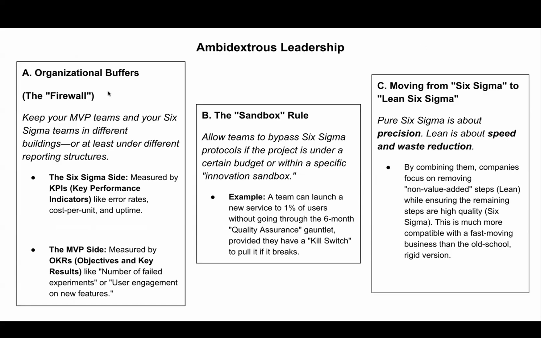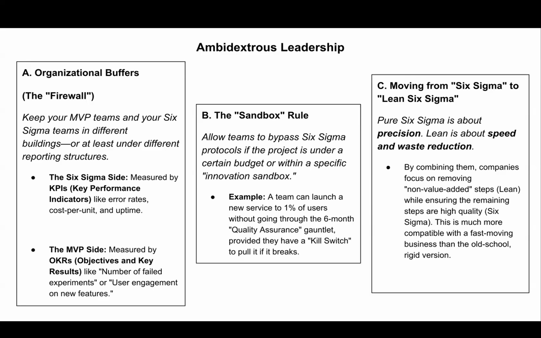So what we do is set up organizational buffers, and this is called ambidextrous leadership, right? Because you're going to be able to use MVP and Six Sigma and Lean Six Sigma, and it's not going to be a stress. So for the organizational buffers, we look at a firewall. You want to keep your MVP teams and your Six Sigma teams, let's say, in different reporting structures, maybe even separate them in different buildings or what have you.